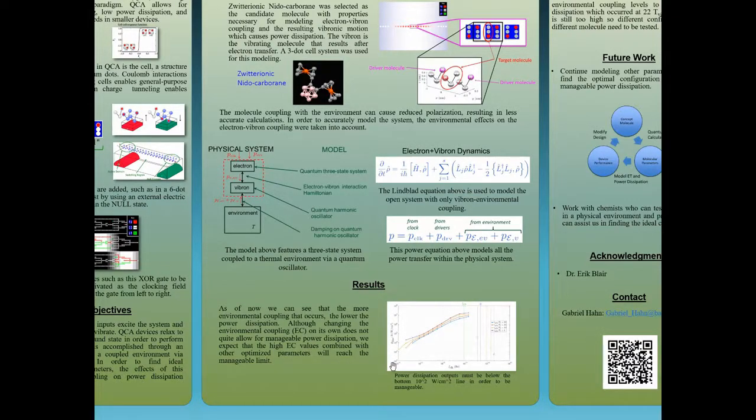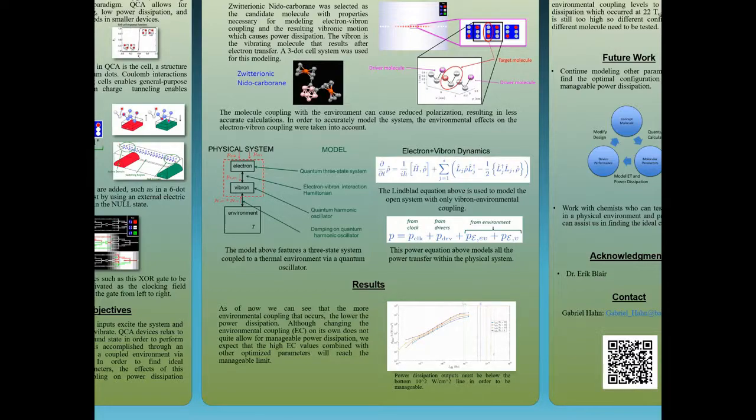However, none of these values quite on their own reach manageable power dissipation, which is at this x-axis, 100 watts per centimeter squared. That's where we need to get to have manageable power dissipation. So on its own, changing environmental coupling doesn't get us there.